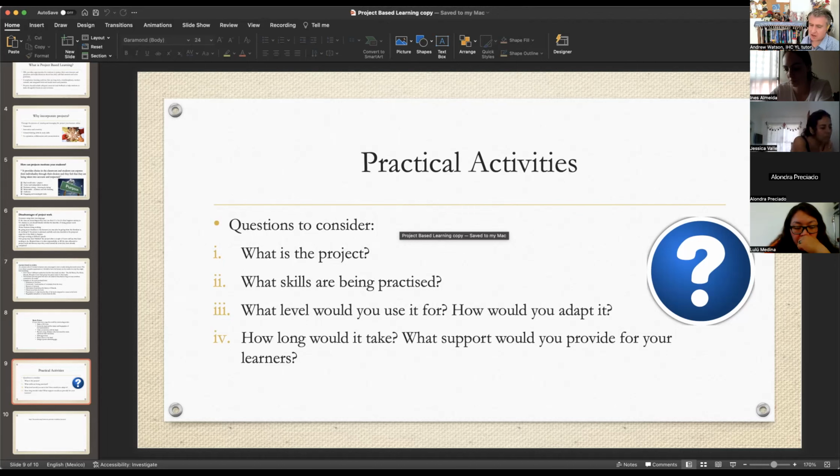Another thing we saw today, again after last week, was mixed ability and differentiation. In our video lesson, there was a way of differentiating between students. Jessica, can you remember how we differentiated in the video lesson?